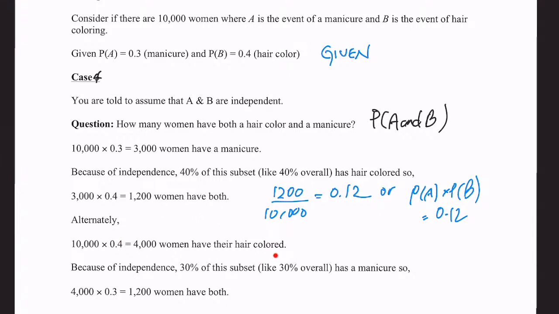Well, we're told the events are independent, so just because women had their hair colored doesn't change the probability that they also have a manicure. So 30% still, just like overall, 30% of the subset also has a manicure. And you see, you get the same result. It doesn't matter which one you start with. It's still 12%.